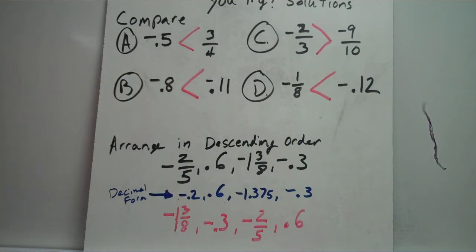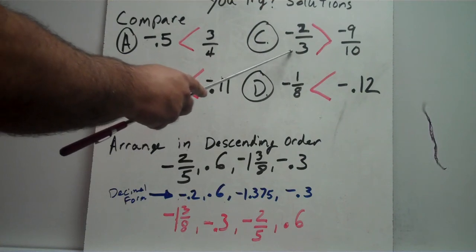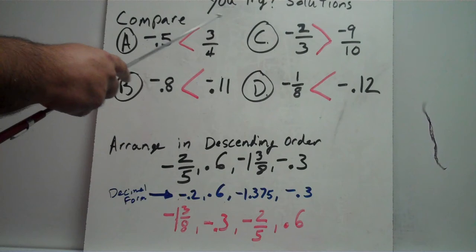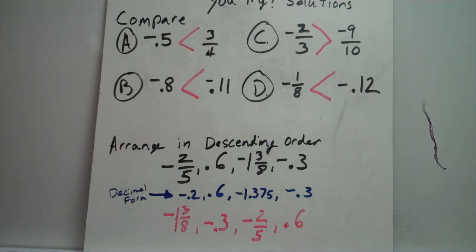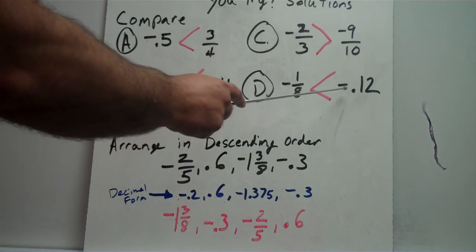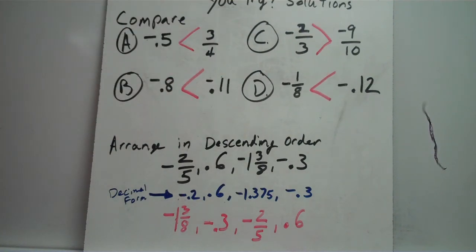Negative 2/3 is larger than negative 9/10. Okay? Because if you make this a decimal, this would be 0.6 repeating, which is closer to the positive whole numbers than 0.9. That would be negative 0.9, I'm sorry. And then negative 1/8 is smaller than negative 0.12, or negative 12/100.